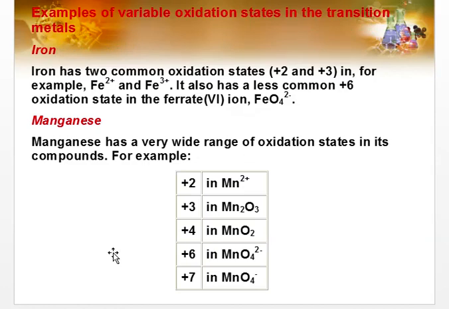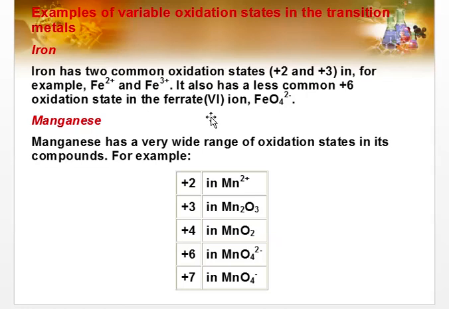Let us now see some examples of variable oxidation states in the transition metals, for iron and for manganese. Iron has two common oxidation states, as I told, +2 and +3, for example ferrum 2+ and ferrum 3+.